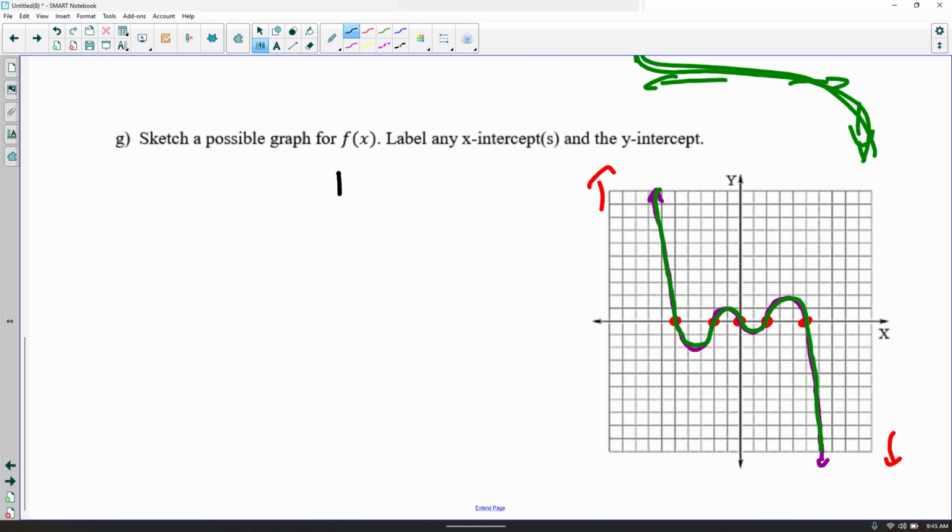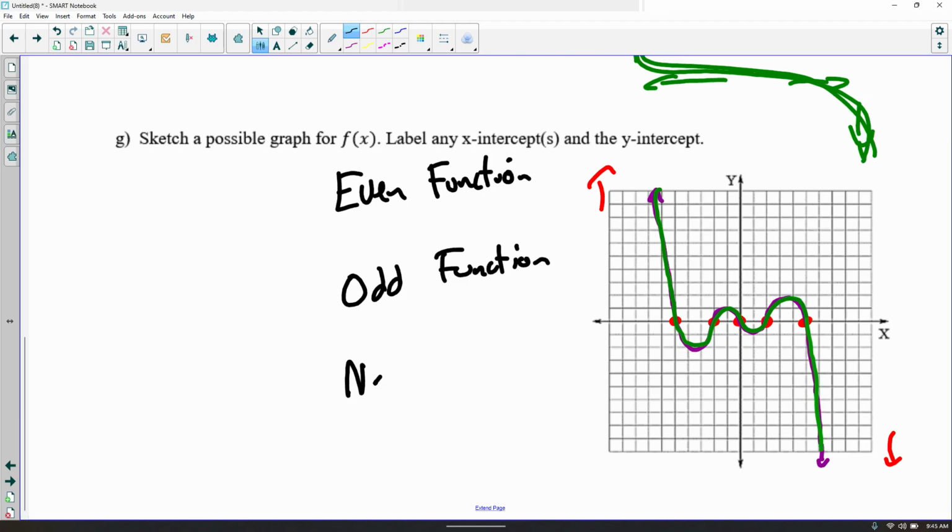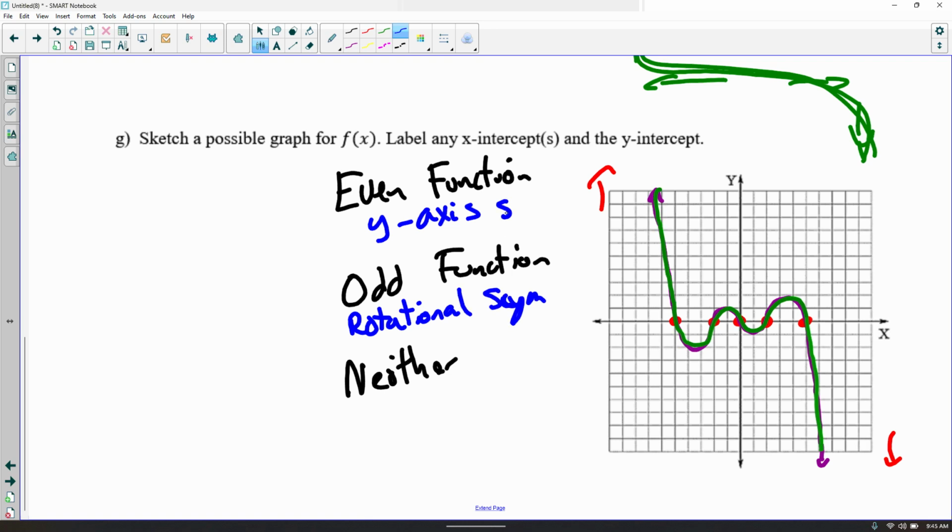So yesterday we talked about this even function, and we had odd function, and we had neither function. Even functions have what type of symmetry? This has y-axis symmetry. This one is what we call rotational symmetry. Oops, golly, I cannot spell today. And this one also has what we call origin symmetry.